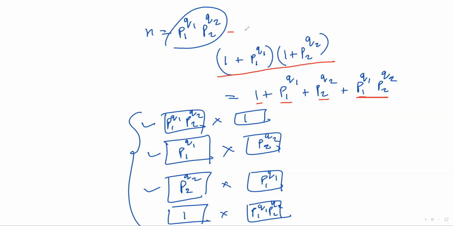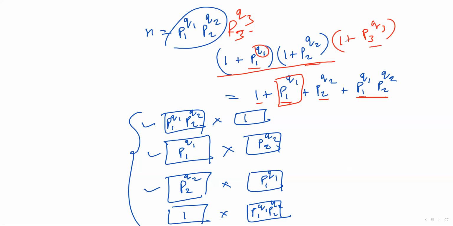If you had other prime factors, for example, if you had p3 to the power q3 here, all you had to do is add 1 plus p3 to the power q3. When you multiply, you get different combinations of the terms where each term contains all the powers of the prime factors it includes, because I made sure of that here.